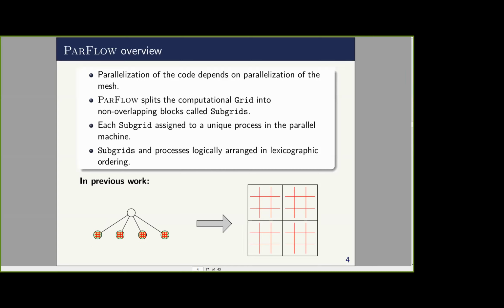And what my position right now has to do is to use this tree structure, which immediately leads to the idea of adaptive mesh refinement or local grid refinement, to introduce this feature into Parflow.